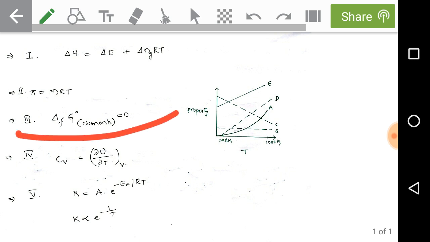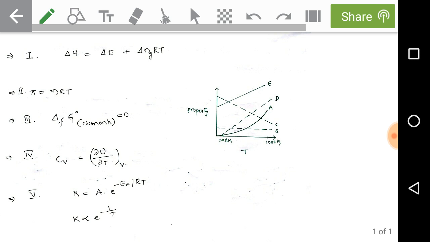And if you look at the third statement, the Gibbs free energy change of the formation of metal oxides, it indicates that the effect of temperature is zero on the metal oxide formation.